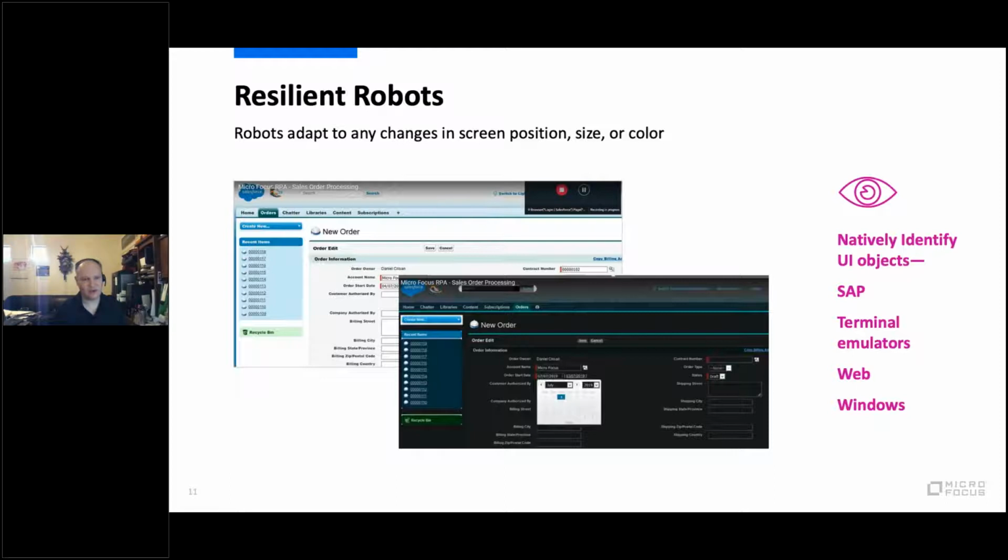And being able to do that not just at the web level, but with thick clients like SAP, or terminal emulators like Rumba and Reflection X and Putty, web-based applications, whether HTML or Flash or HTML5, and things as simple as generic Windows applications, like an Excel application, PowerPoint, Microsoft's MMC, things like that. So how do I more natively understand the user interface so that I don't have to worry about re-recording my interface every time that something changes?